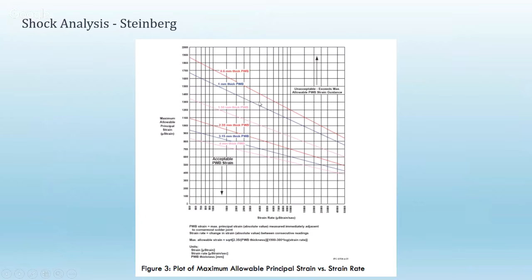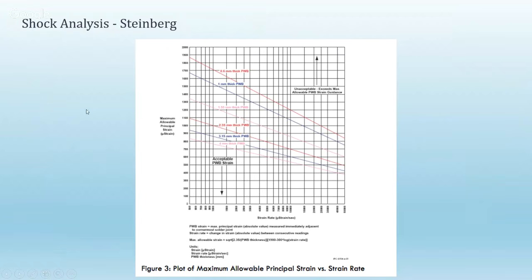So it's like a diagonal distance of a solder and of the component and what the strain is. So if we have the strain on a board and we have the strain rates, then we can look on this graph to see where it falls, and we know how thick the PCB is. We can figure out exactly where the component falls, and whether it can withstand a certain level of shock.